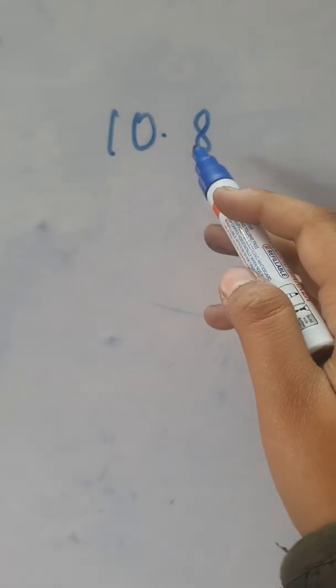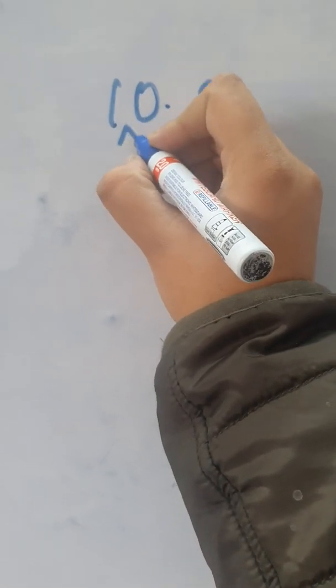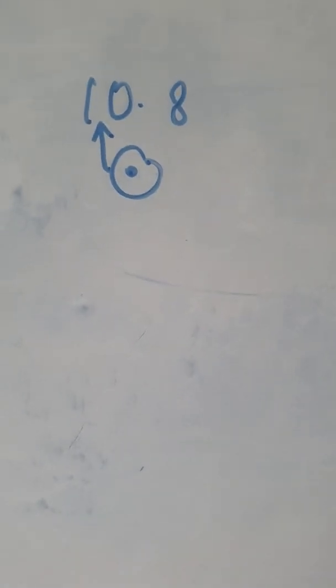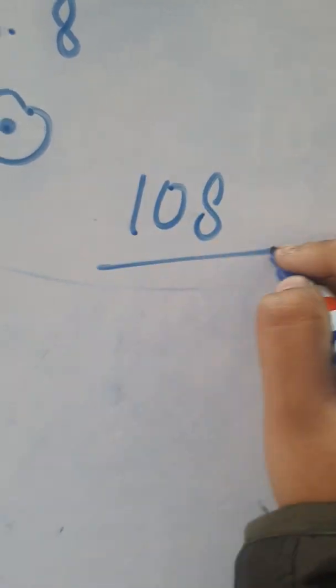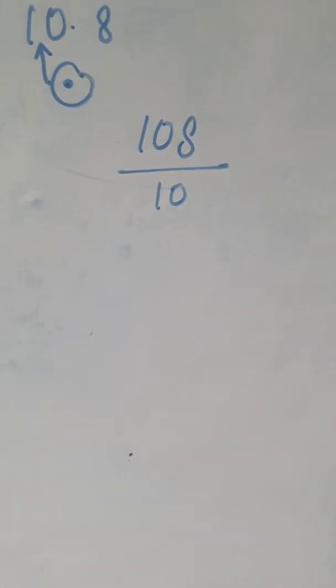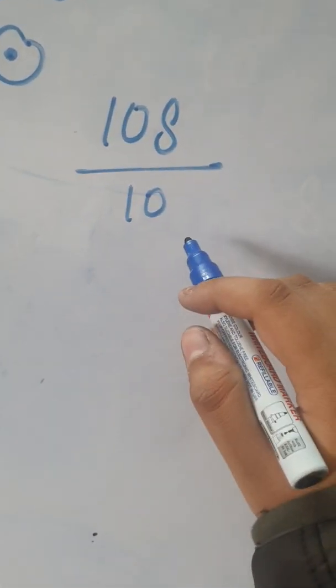Let's try one more. Let's say we have to write this 10.8 into standard form. Now we need a decimal over here. So this is equal to 108 by 10. And over here we need the decimal over here. So we need to add a 10.